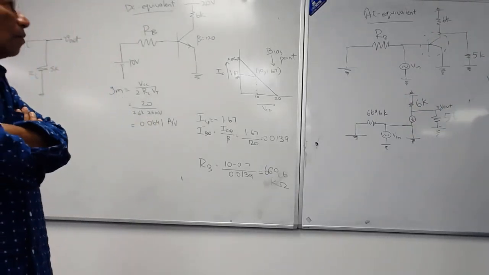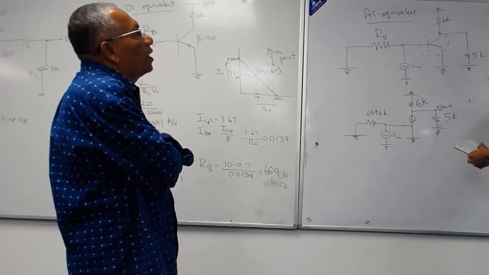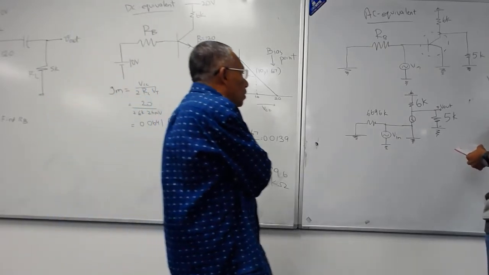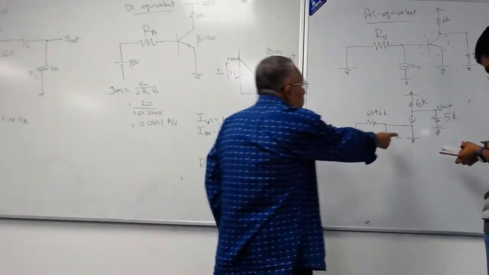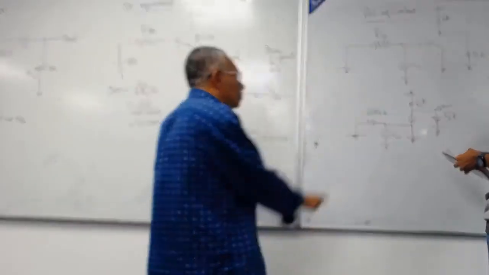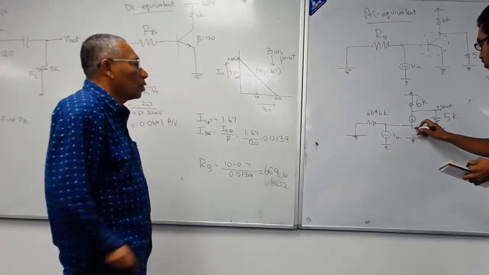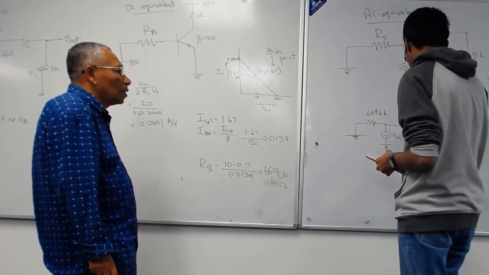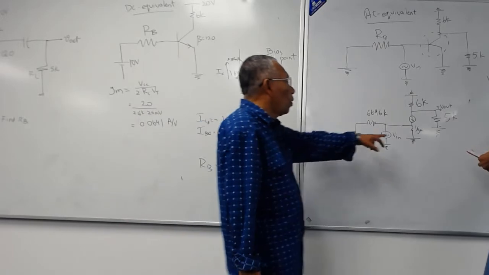And V in is how much? V in equals what? So what is the 1 upon gm? It is missing here. Okay, so V in equals 1 upon gm into IC.